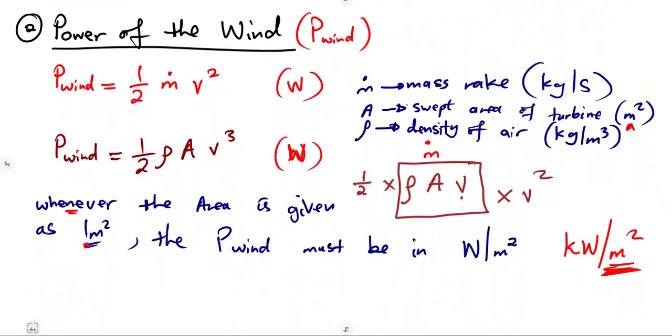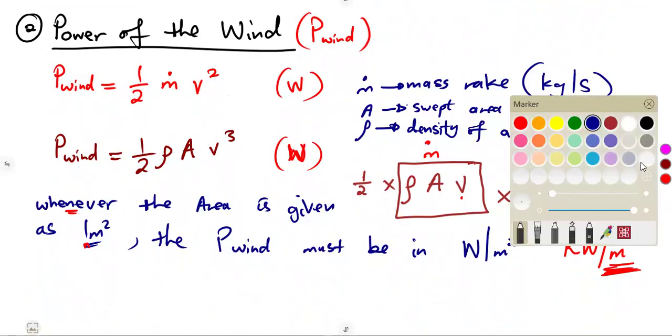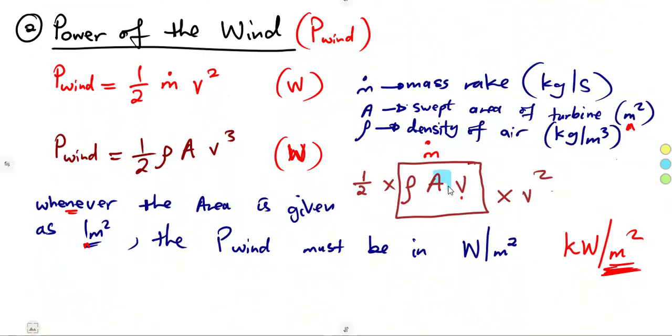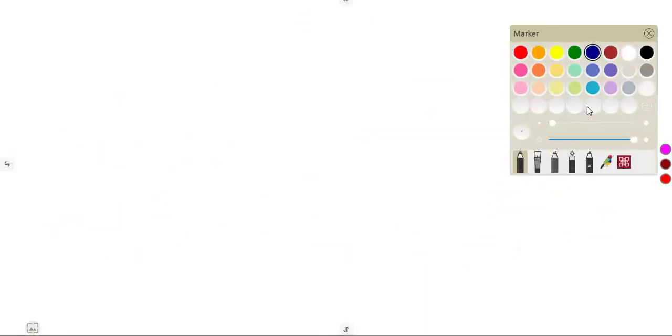So these are the basic calculations. And like I said here, this whole part represents the mass rate. They can ask you to calculate the mass rate given the density, the area, and the velocity. I want us to have this extra part of the calculations. Just as we have got the power, let us also consider the calculation of the mass rate.